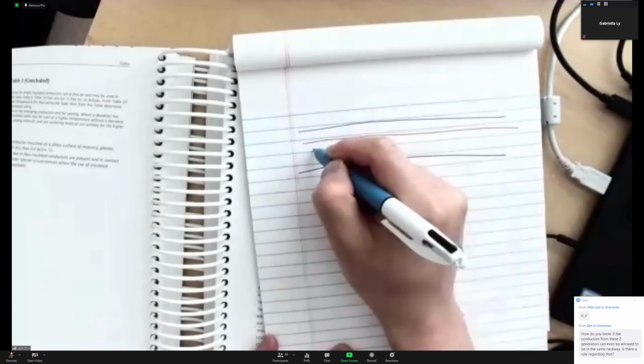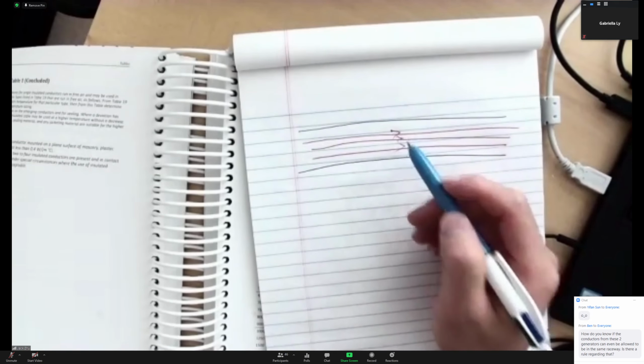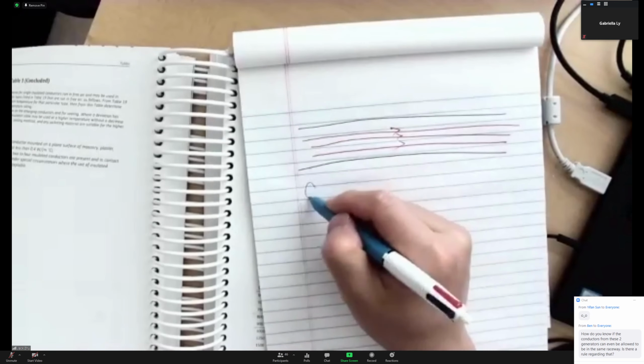We have a bunch of conductors inside this raceway. The conductors are going to carry a current. When conductors carry current, do they generate heat?